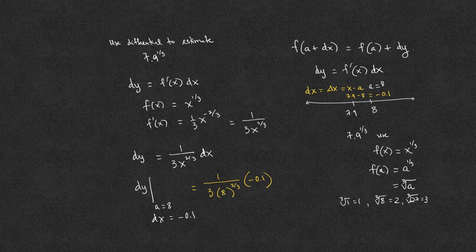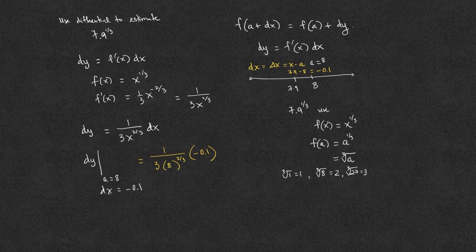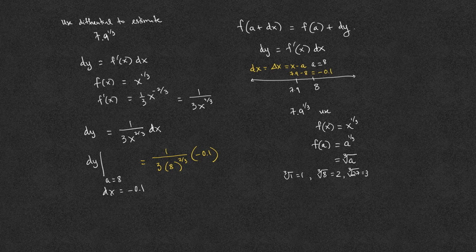We evaluate this, and this is the differential, which is the difference between the functional value at x equals 8 and x equals 7.9. This is negative 0.1 over 3, the cube root of 8 squared. It is negative 0.1 over 3, 2 squared, or negative 0.1 over 3 times 4, which is 12.